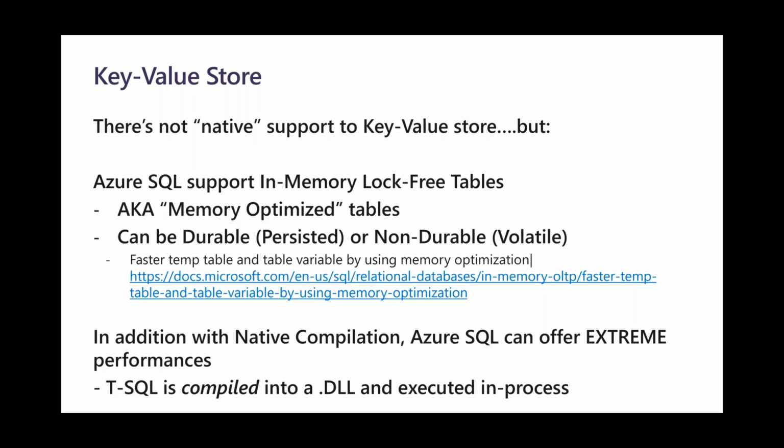in the market. A good example is Amazon's DynamoDB. Also, Azure Cosmos DB has a key value feature that you could use. SQL does not natively support key value, but you can think of two things.